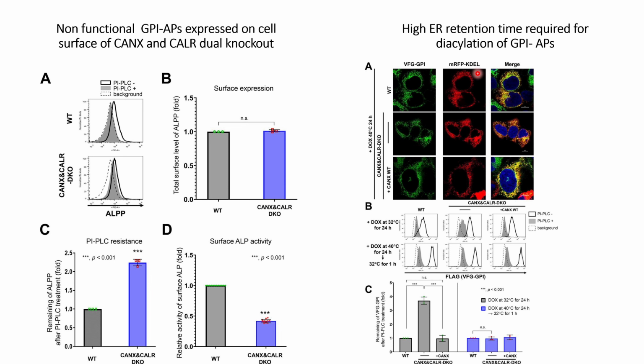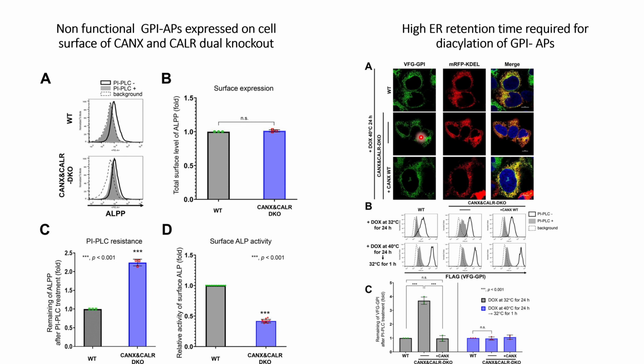VFGPI and KDEL in the wild type samples is seen predominantly correct. However, in the case of wild type samples, we can see that this VFGPI is not only expressed in the endoplasmic reticulum but also on the cell surface, as we can see that the signals are not aligned at several places compared to the KDEL.